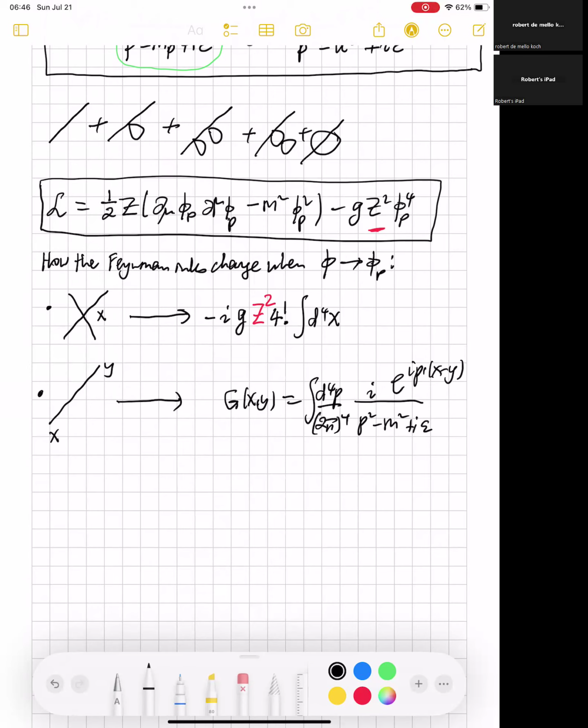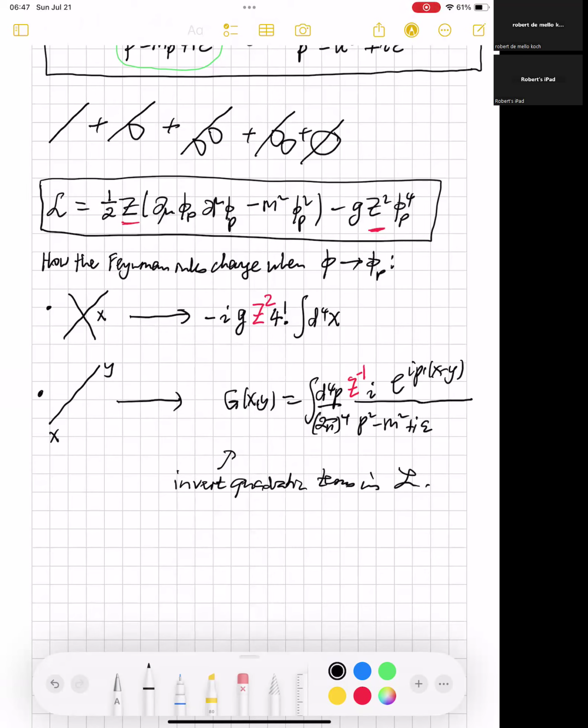This was by inverting the quadratic terms in the Lagrangian. But the quadratic terms in the Lagrangian have changed because we've now got a z multiplying them. So when we invert those, we'll now get a z to the minus 1. So for each line in the Feynman diagram, we now also have a z to the minus 1 appearing. Those are the only changes to the Feynman rules, but those are the two changes that we make.